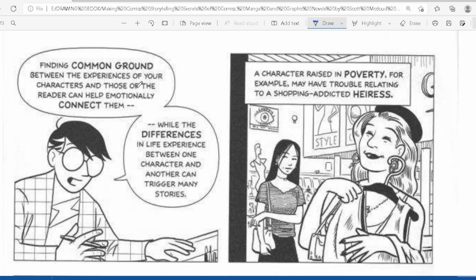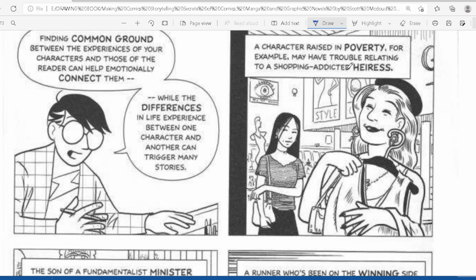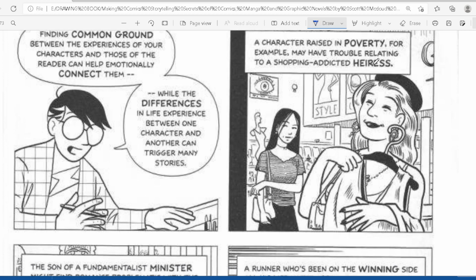While the differences in life experience between one character and another can trigger many stories. A character raised in poverty, for example, may have trouble relating to a shopping-addicted heroine.